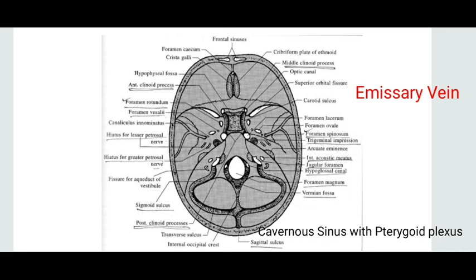So an emissary vein passes through the foramen of Vesalius, which connects the cavernous sinus with the pterygoid plexus of veins.